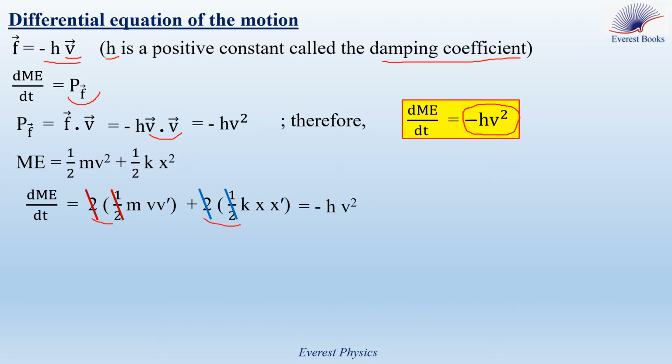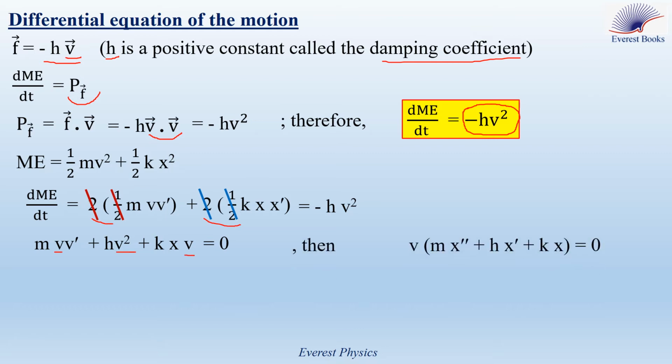Move minus hv squared from the right side to the left side, we get a new relation, which is mv v prime plus hv squared plus kx v is equal to 0. In each of these three terms, we have v. So we can take v as a common factor. Rearrange. So v into m x double prime, x double prime is equal to v prime, and x prime is equal to v.